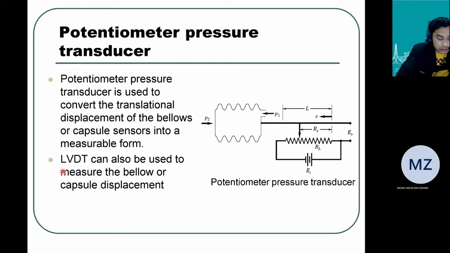But if you use the LVDT, it will convert the displacement of the bellows or capsule also into an electrical signal, but it uses the concept of magnet and core. We will look at the structure of LVDT later, when we look into the topic of accelerometer or displacement sensor.